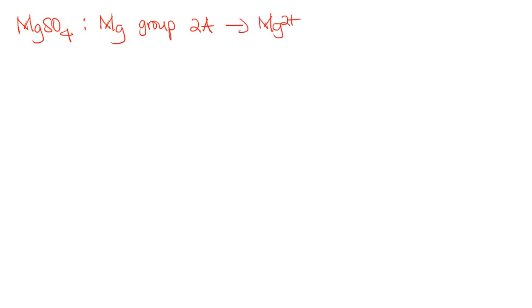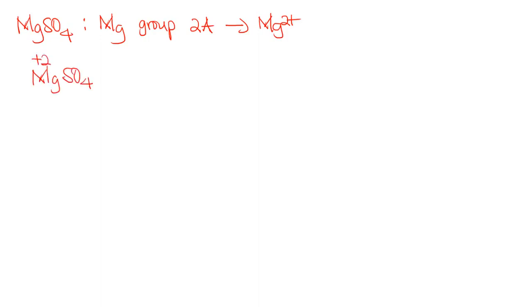So let's look at magnesium sulfate. So Mg is in group 2A. So because Mg is in group 2A, the ion is Mg2+. So what we are going to do is we are going to have Mg here, SO4.